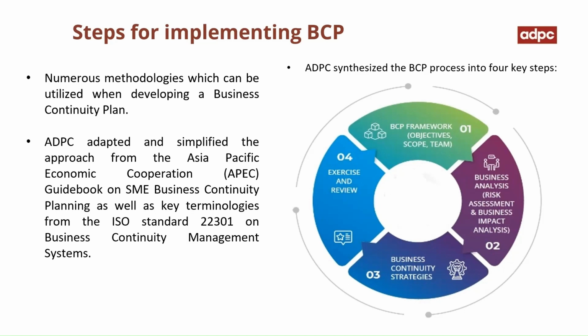Step 2 is undertaking business analysis, including risk assessment and impact assessment. Step 3 is to identify business continuity strategies or measures. Step 4 includes exercise and review. This is for the periodical testing and improvement of the plan.